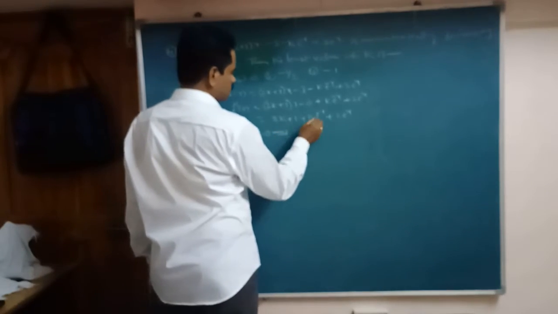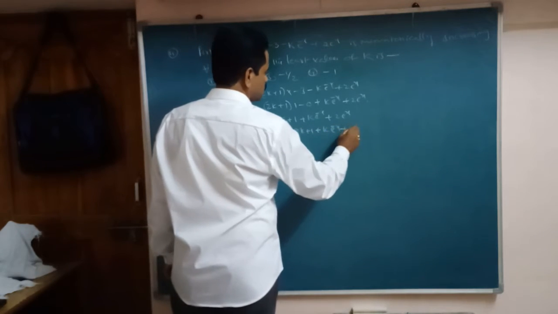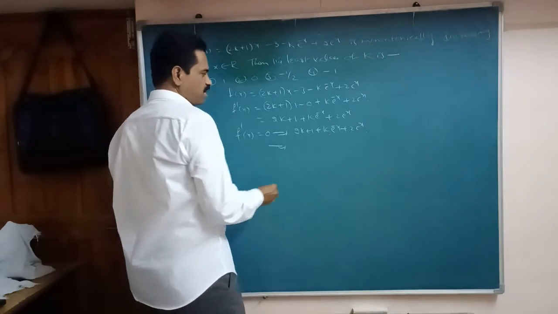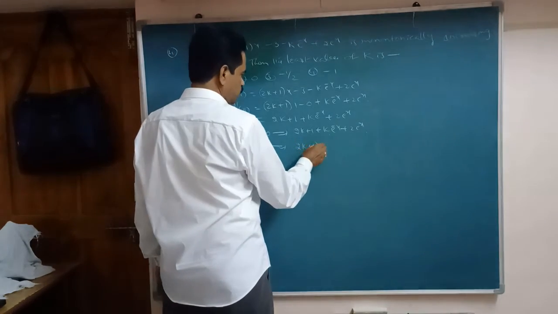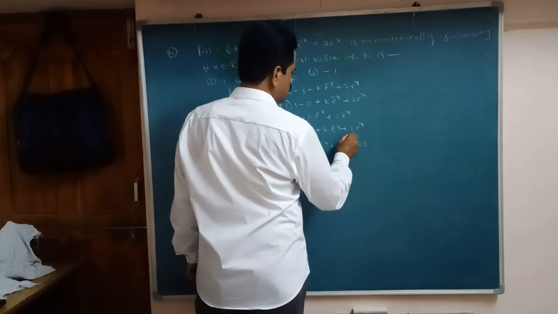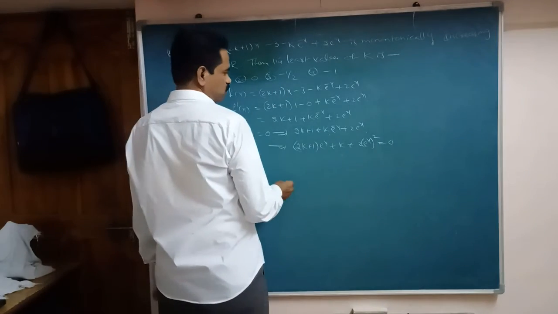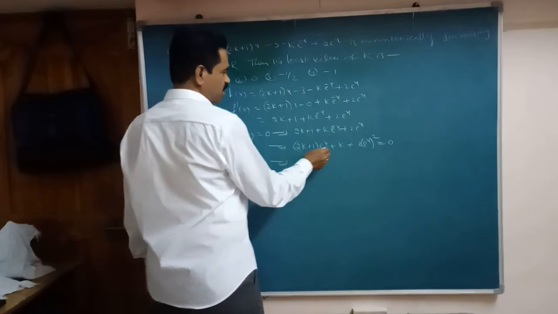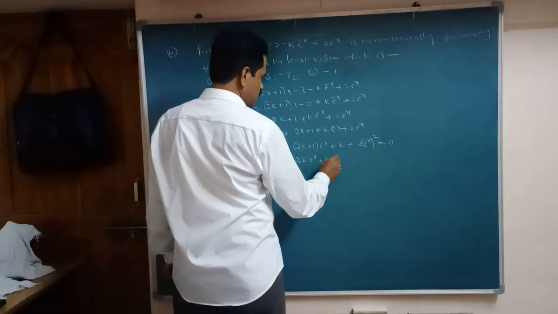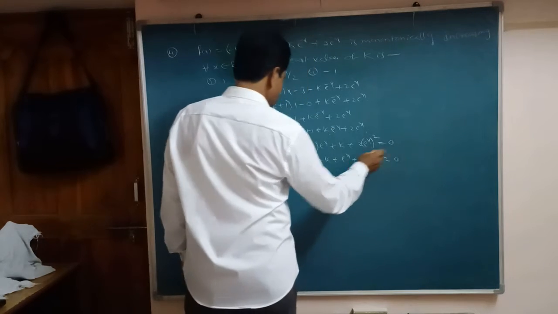f dash x equal to 0 means 2k plus 1 plus k into e power minus x plus 2 into e power x. E power minus x is 1 by e power x, so that is (2k plus 1) into e power x plus k plus 2 (e power x) whole square equal to 0. Here k is common: 2k into e power x plus k plus e power x plus 2 into (e power x) whole square equal to 0.